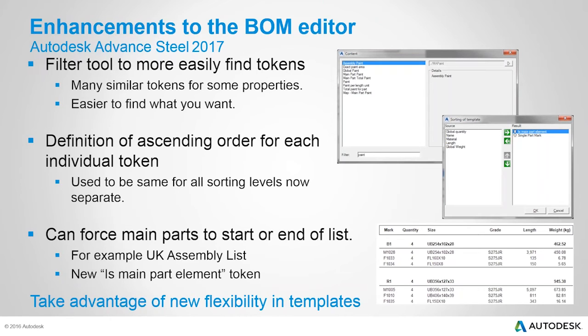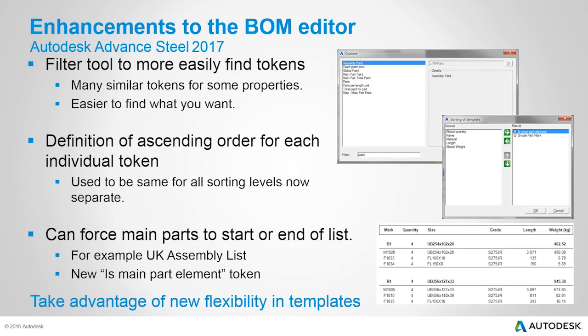And there's a new token which kind of links up with the previous one. A new token called isMainPartElement. As you're well aware, every assembly has a main part. So this one will identify if the part on the list is that main part, or whether it's just an attached part. And that can be useful, especially in things like the UK assembly list, as you can see at the bottom right, where you have the assembly number and then it's listing the parts in that assembly.